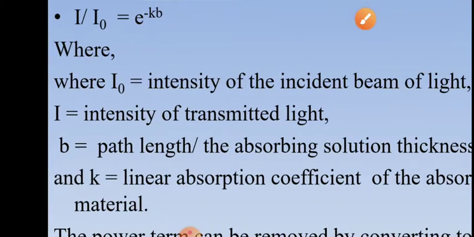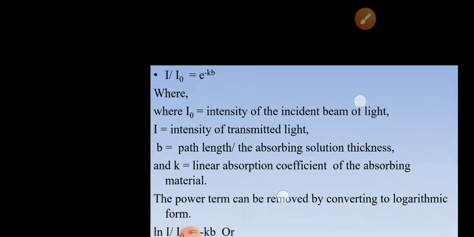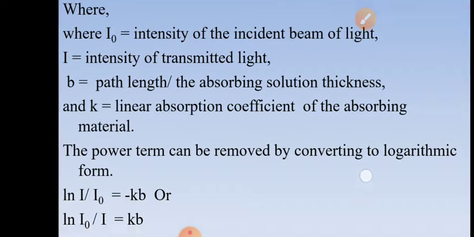I upon I0 is equal to e raised to minus kb. e, because it is an exponential phenomenon. Here I0 is the intensity of incident light, I is the intensity of transmitted light, b is the path length, or as I told you, the thickness of the absorbing material, and k is the linearity coefficient of the absorbing material.